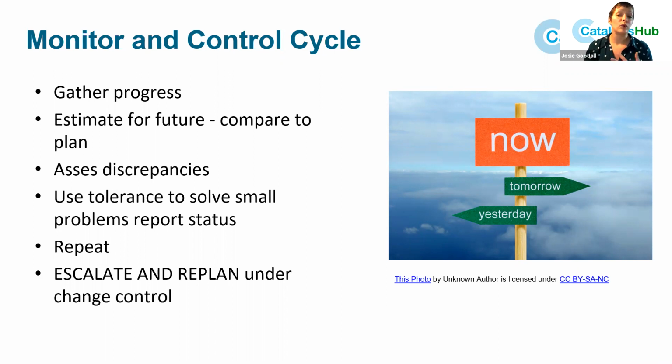So if there are small discrepancies, this is within the tolerance and we can solve them. If the discrepancies aren't within tolerance, if there's a major problem, we need to escalate them to the funding body, to the university, to the PI, and replan the project under change control to achieve whatever we still can.